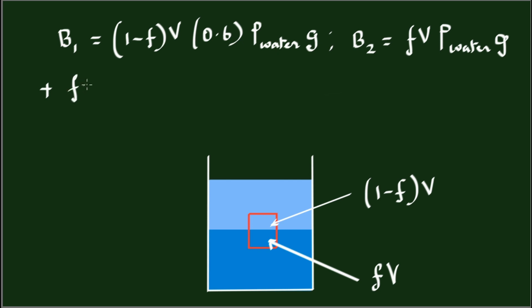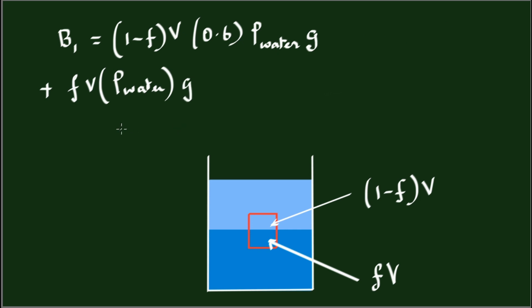Plus F times V, density of water, times G, and that's got to equal the total weight of the object. Now the weight of the object is the total volume multiplied by the density of the object, which is 0.8 times the density of water, since the relative density is given as 0.8. That's the mass of the object, multiplied by G gives me the weight of the object.